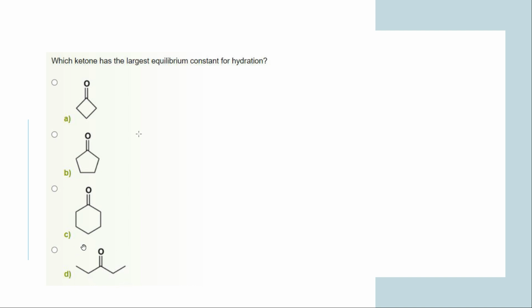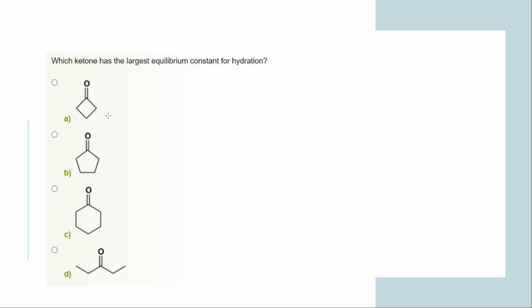It is already stable, so when you carry out hydration, these three will more readily undergo hydration than option D, because hydration releases their angle strain. Ring strain is being relaxed.